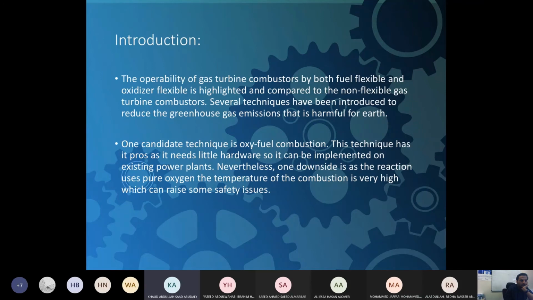One candidate technique is oxy-fuel combustion. This technique has pros, as it needs little hardware, so it can be implemented on existing power plants. Nevertheless, one downside is that as the reaction uses pure oxygen, the temperature of the combustion is very high, which can raise some safety issues.